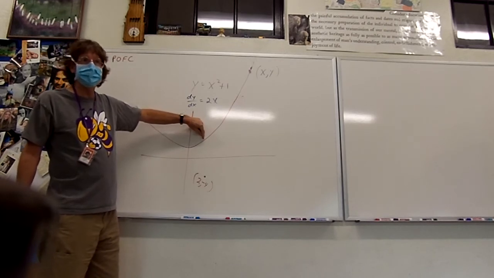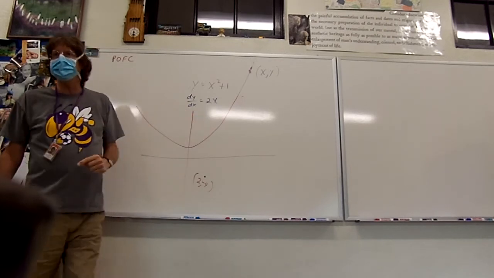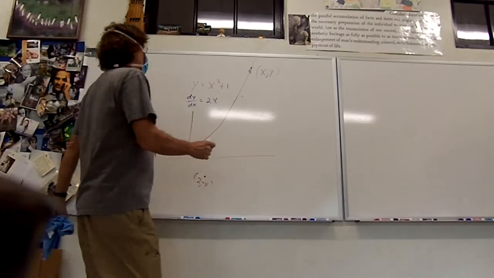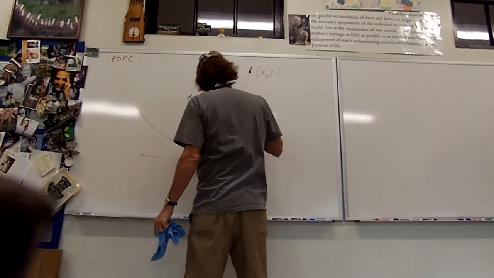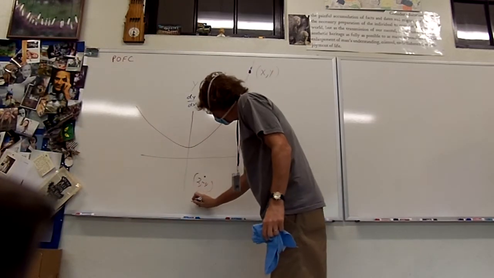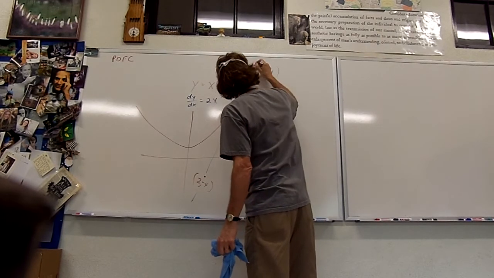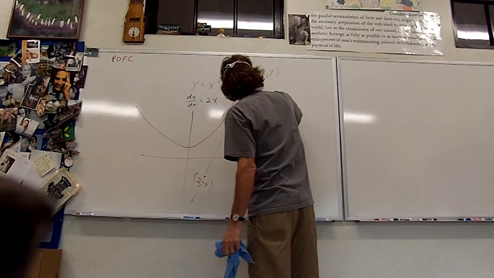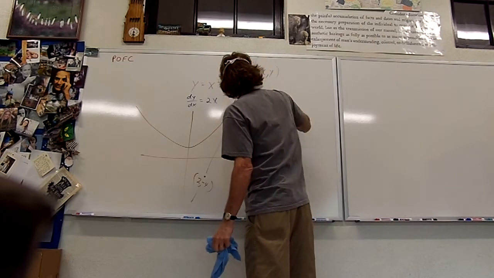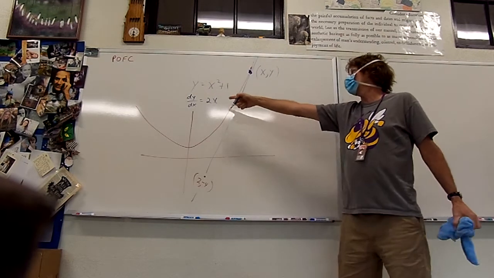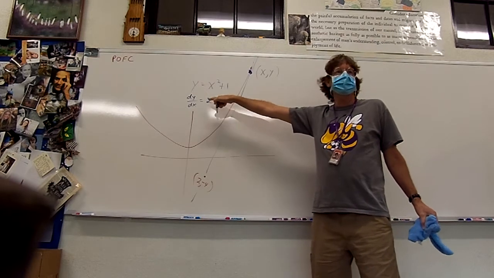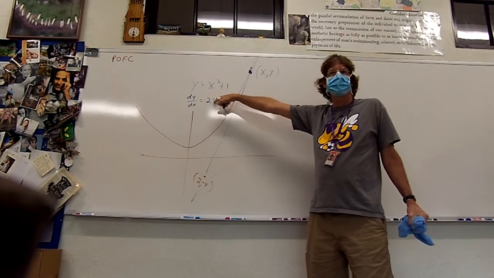Everybody understand that? So that's your problem. What you've got to do is you've got to be able to work out a situation where this line is coming up here and it's touching that curve right there. But you can't put 2 into this formula because this formula only works if the x values are where?